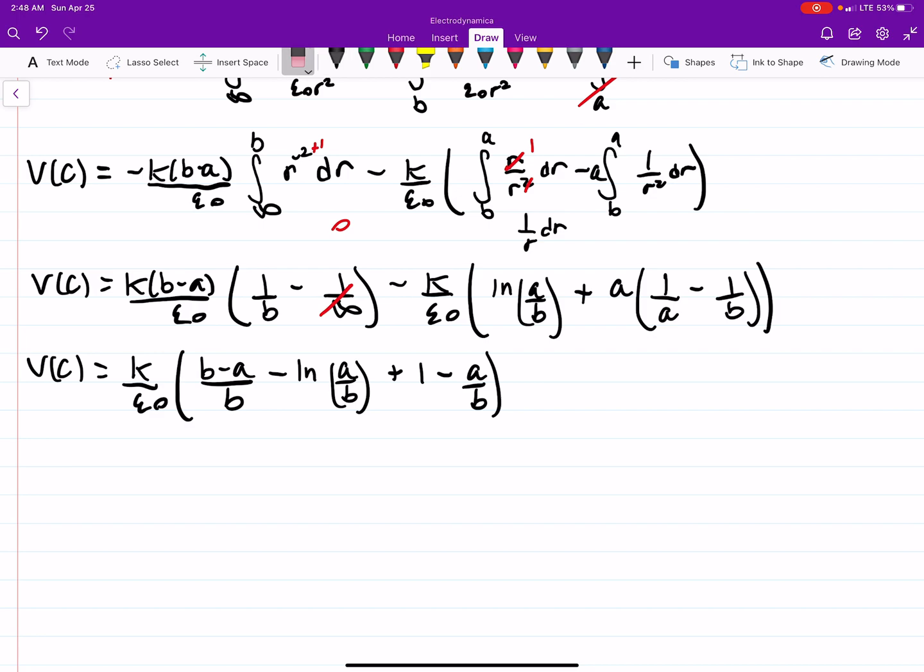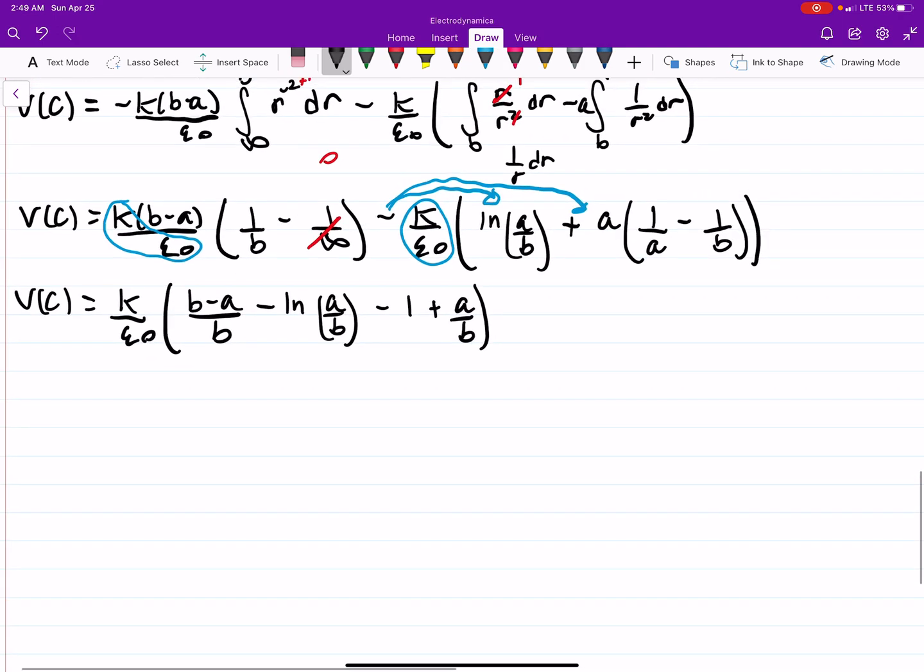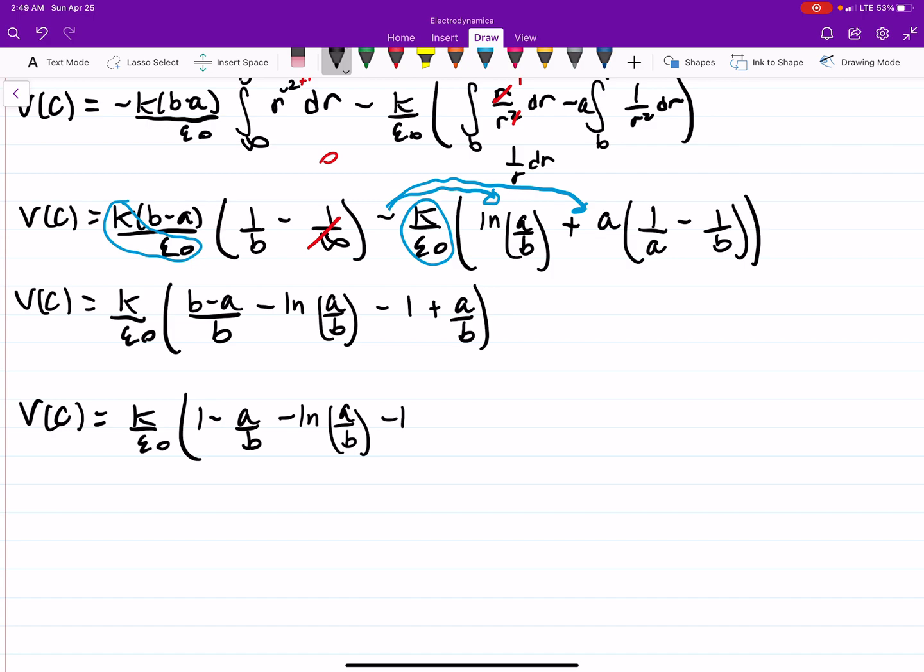And then let me distribute this negative. So what I did is I distributed this negative, and I factored these guys out. So the potential at your center is going to be k over epsilon naught. I can rewrite this as 1 minus a over b minus ln of a over b minus 1 plus a over b.